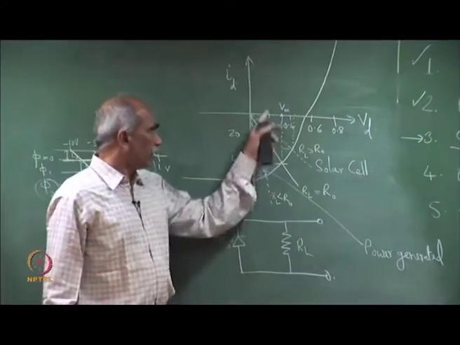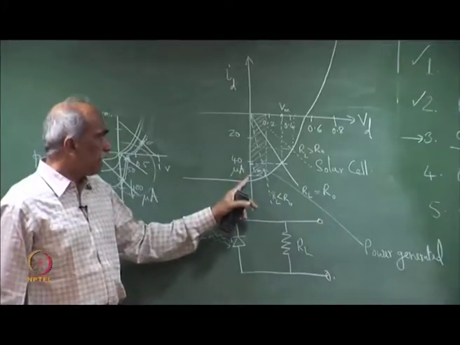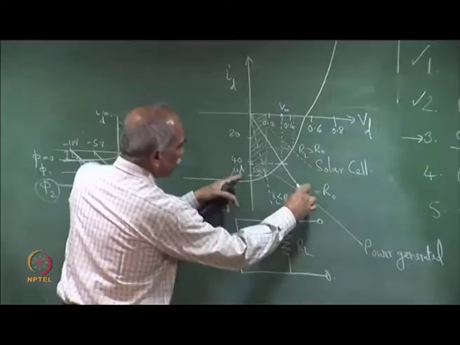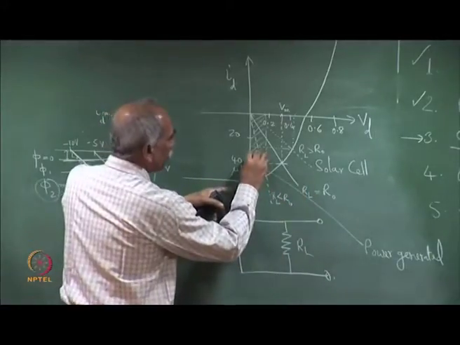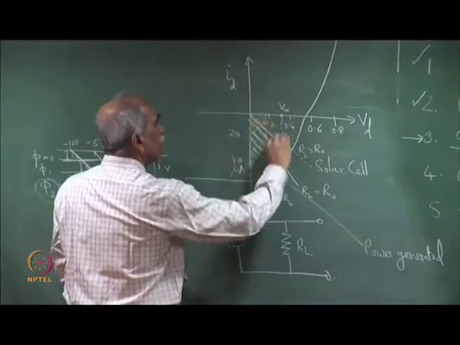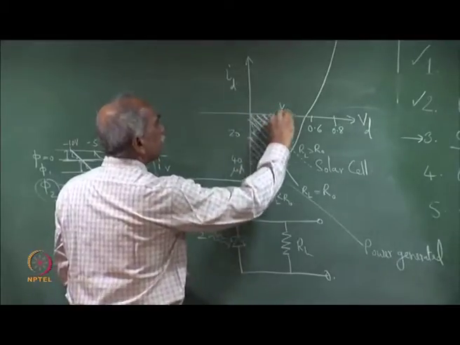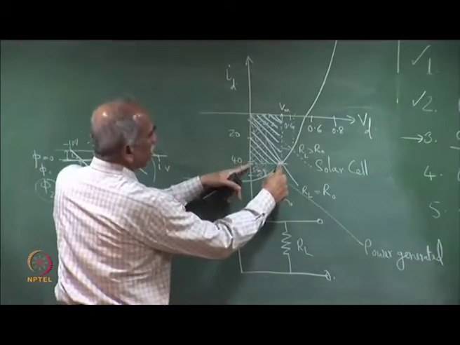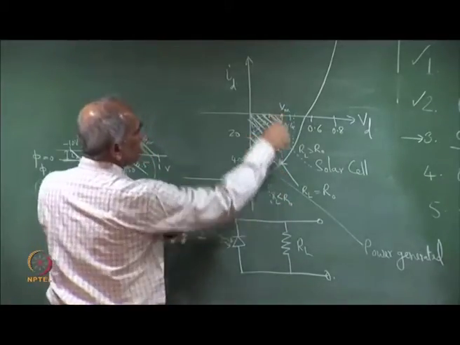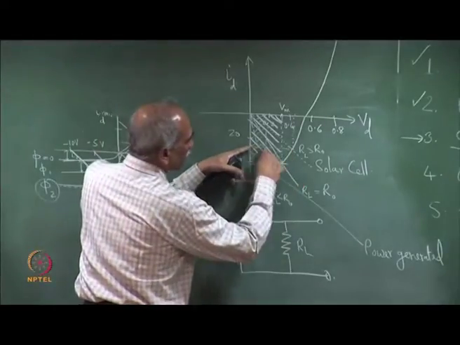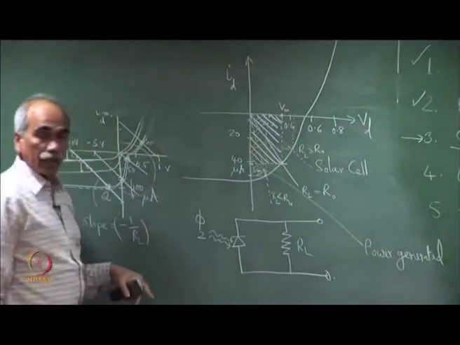If I choose this as the R L, then the area would be this. Let me do a reverse shading to show that the area is different here. So, the power generated will be this current multiplied by this. And if I use the other load resistance, I will have an area which is different.